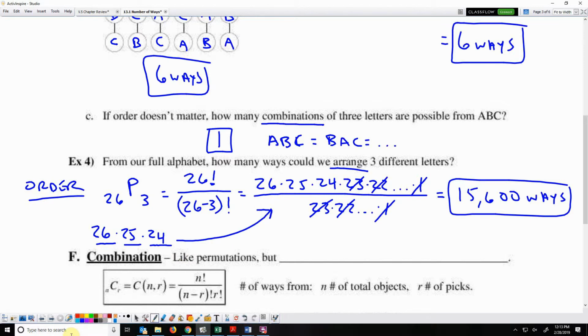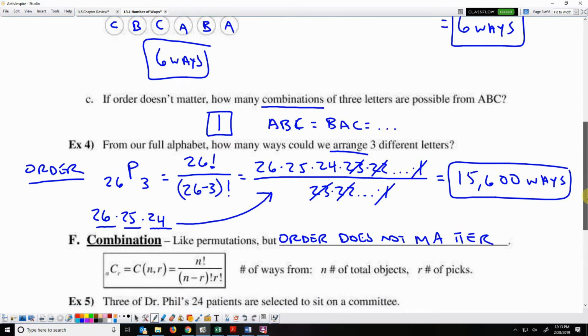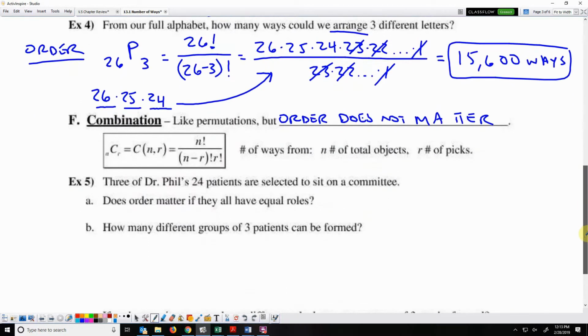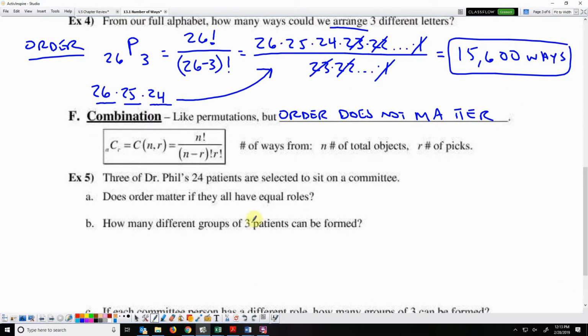In a combination, it's similar to a permutation, but order does not matter. Okay, so a combination is n factorial over n minus r factorial times r factorial.